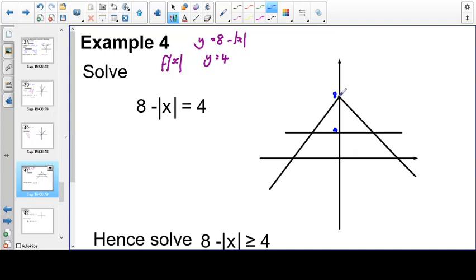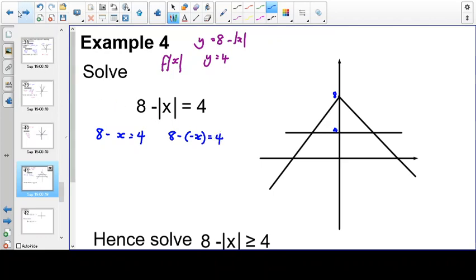Okay, this one has the equation 8 minus positive x. So we're going to solve 8 minus x equals 4. This one has equation 8 minus negative x equals 4.